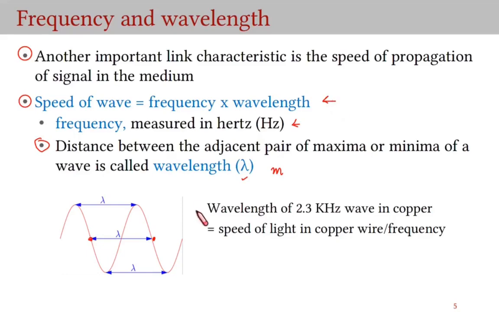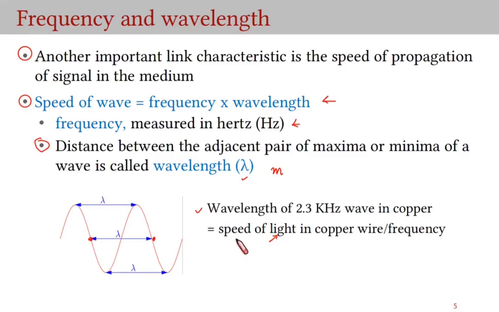For example, suppose we want to know the wavelength of a 2.3 kilohertz wave through copper. Now note that people would use the term light to refer to electromagnetic waves. According to this formula, the wavelength is equal to the speed of the wave divided by its frequency.